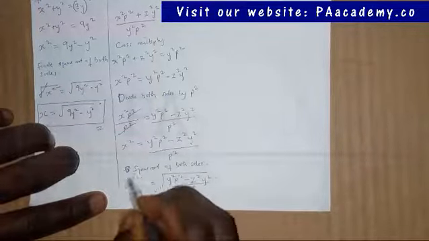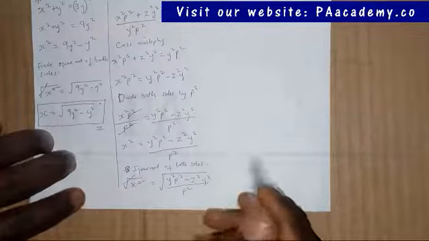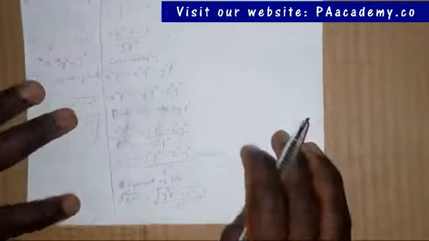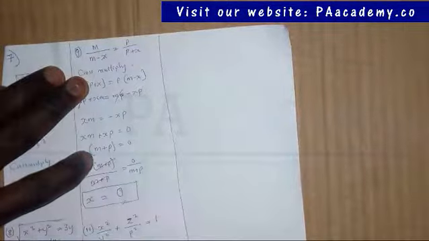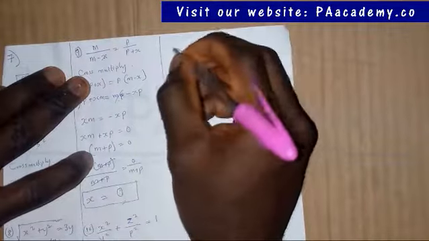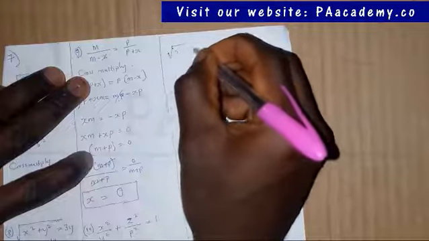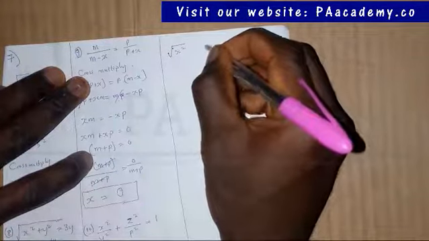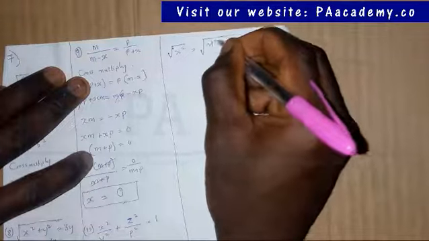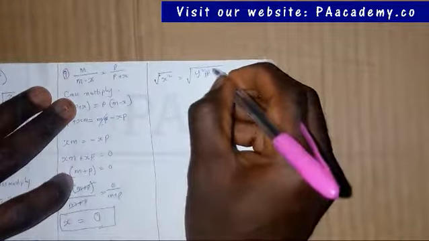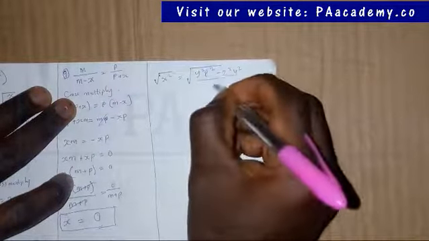Exactly. So the square root here will cancel the square. So let me just write it here. So we are having square root of x square equals to square root of y square p square minus z square y square over p square.